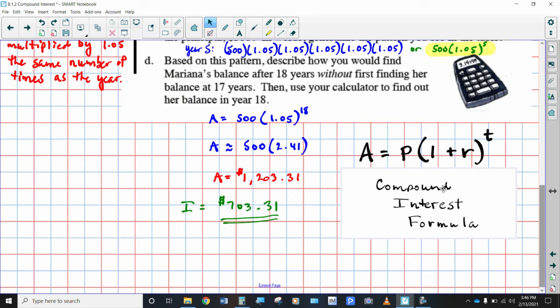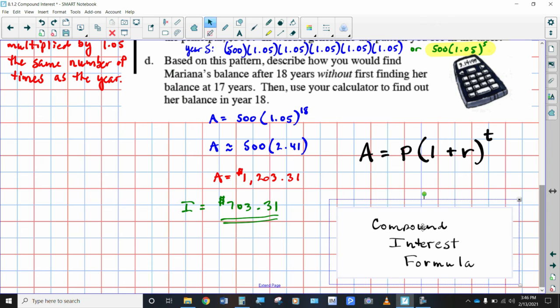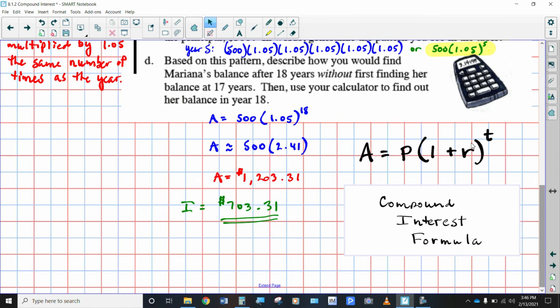If it's compounded once a month for 12 months, then the number is 12. If it's compounded once a month for 2 years, then this is 24. If it is once a week for 3 years, 52 weeks per year is 156 times it's going to get compounded. So the T is the number of times compounded, okay?